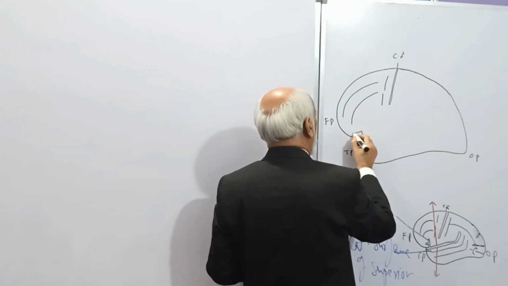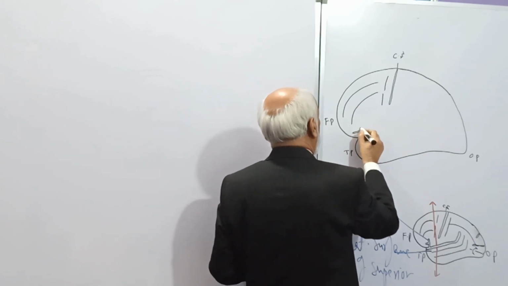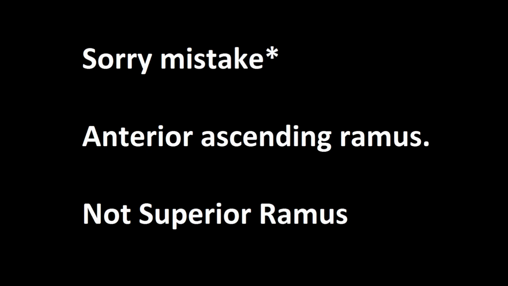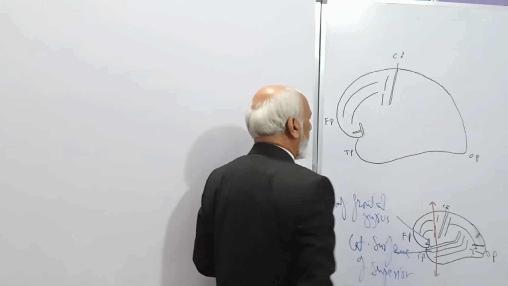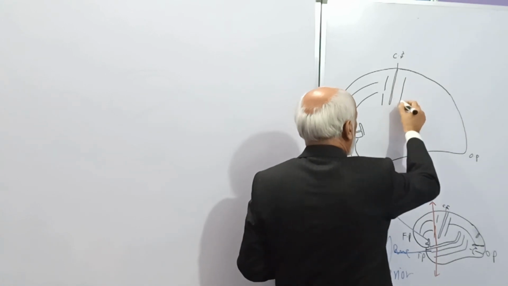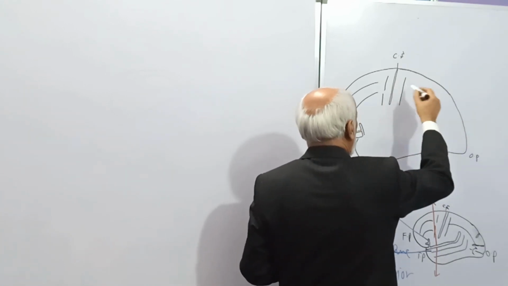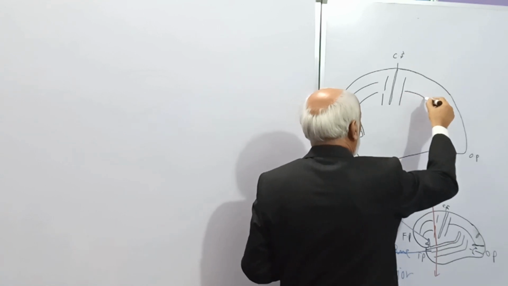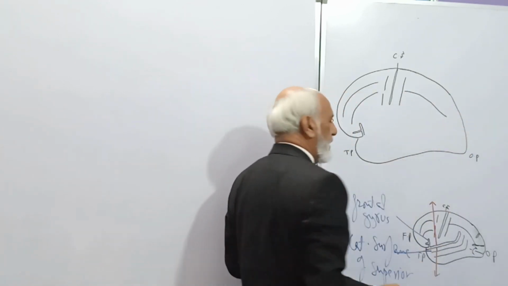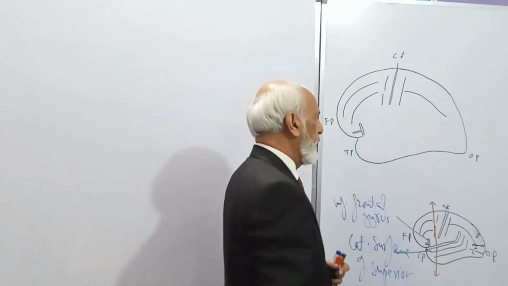This is the anterior horizontal ramus. This is the superior ramus. Here is the postcentral sulcus on the lateral surface of the parietal lobe. This is the intraparietal sulcus, which extends to the lateral surface of the occipital lobe.